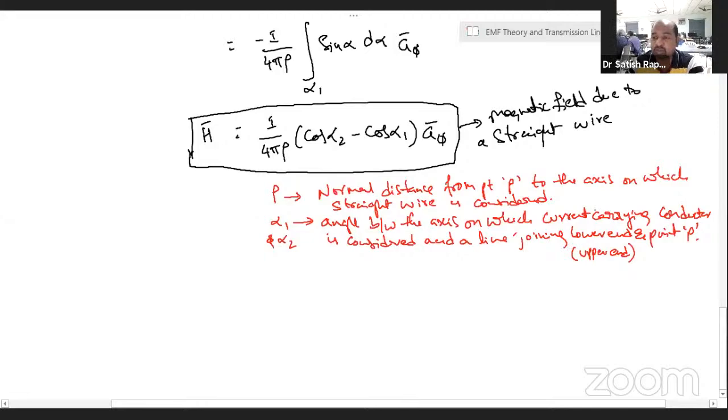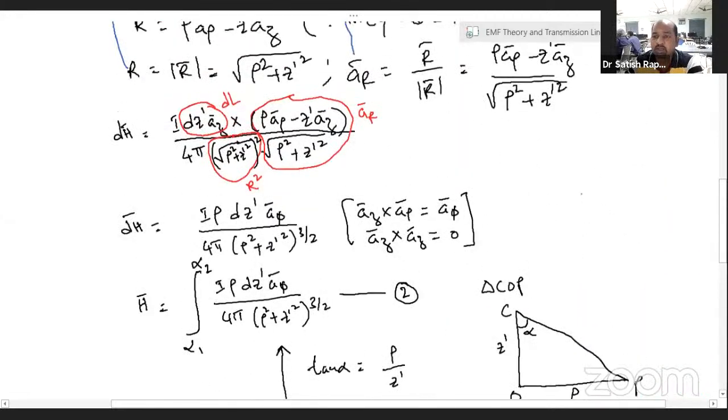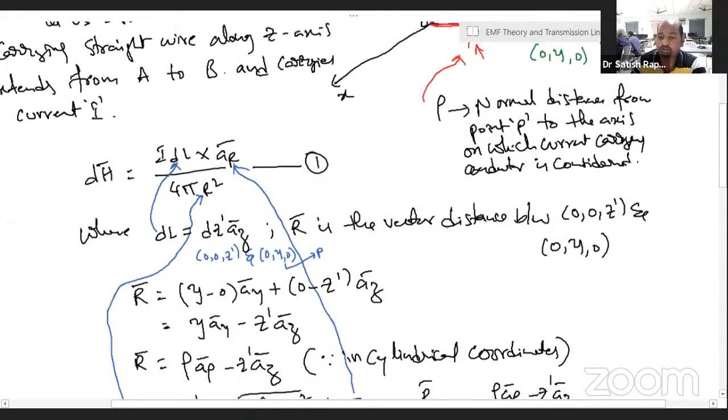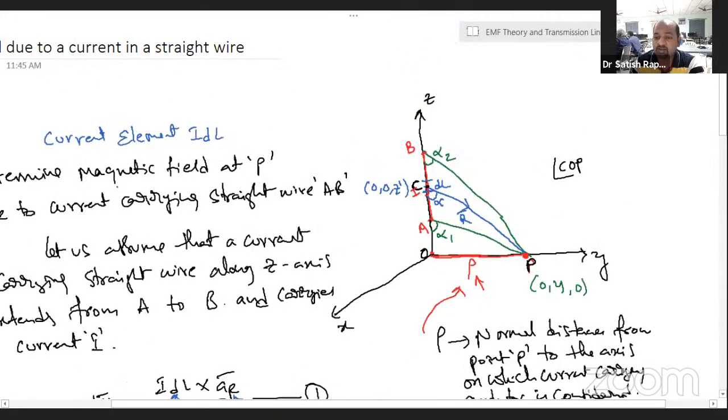And one more thing is a very important observation. Alpha 1, for example, if you consider the triangle BAP, right? So BAP is the triangle.